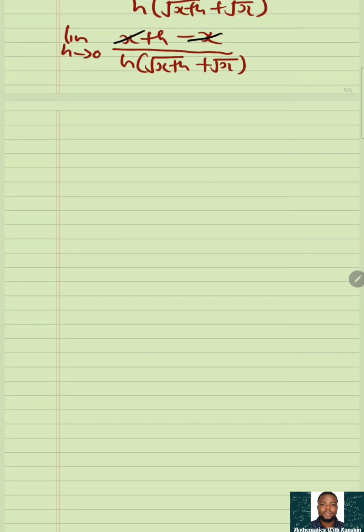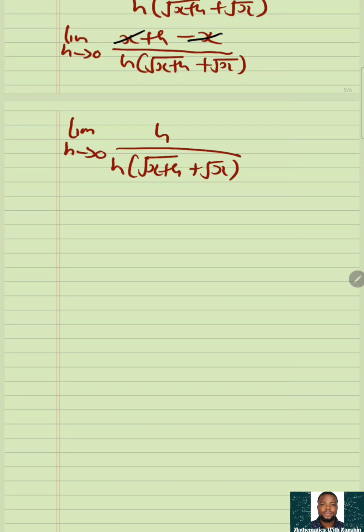So you're left with the limit as h tends to 0 of h over h times root of x plus h plus root x. This h can go. You have the limit as h tends to 0, and you're left with 1 in the numerator, and root of x plus h plus root x in the denominator.